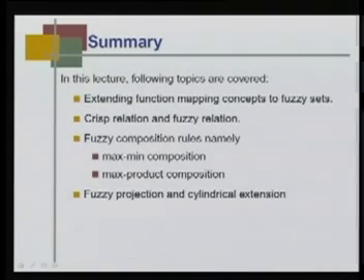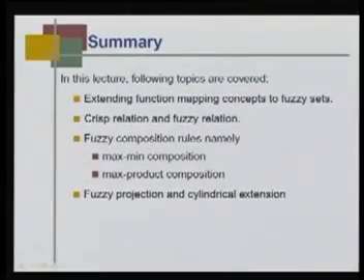The difference between crisp relation and fuzzy relation was discussed, where we showed that in a crisp relation the membership grade is either 0 or 1, that is either complete relation or no relation, whereas in fuzzy the relation has a grade from 0 to 1.